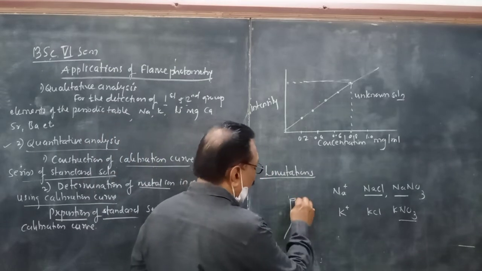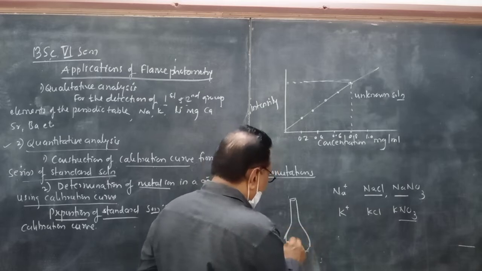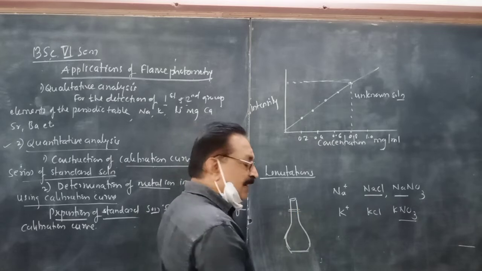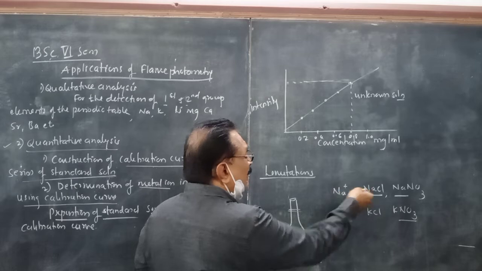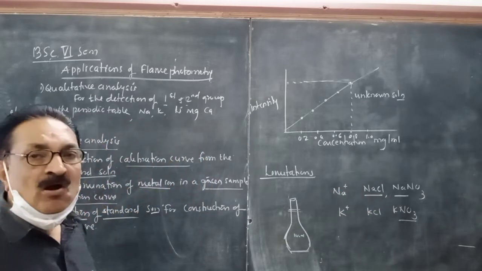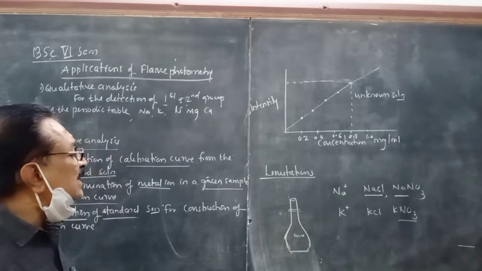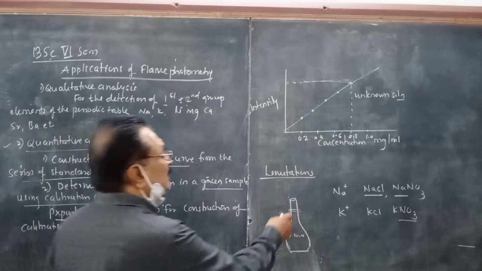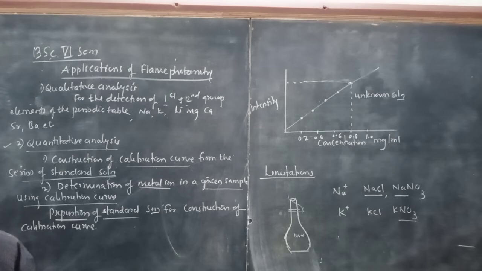You have already prepared standard solutions in volumetric analysis also. This is the volumetric flask, say 100 ml. Here the known mass of sodium chloride for sodium or potassium chloride for potassium is weighed and dissolved in a suitable solvent like water, and the solution is made up exactly to 100 ml, that is the known volume.